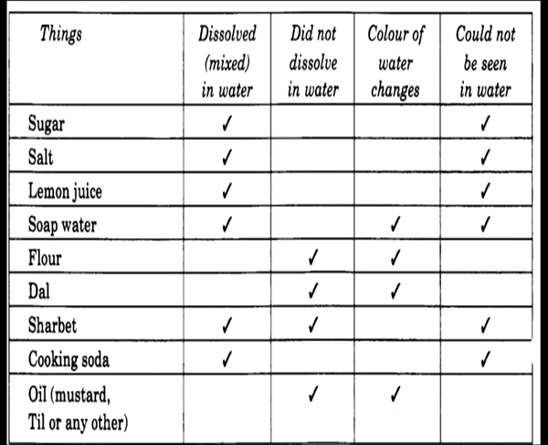And if I put sugar in water, does the color of the water change? What could not be seen in water? So first, let the children do it in a concrete manner, means with material. After they do it with all these objects and materials, then provide this worksheet. List down and jot down your results.